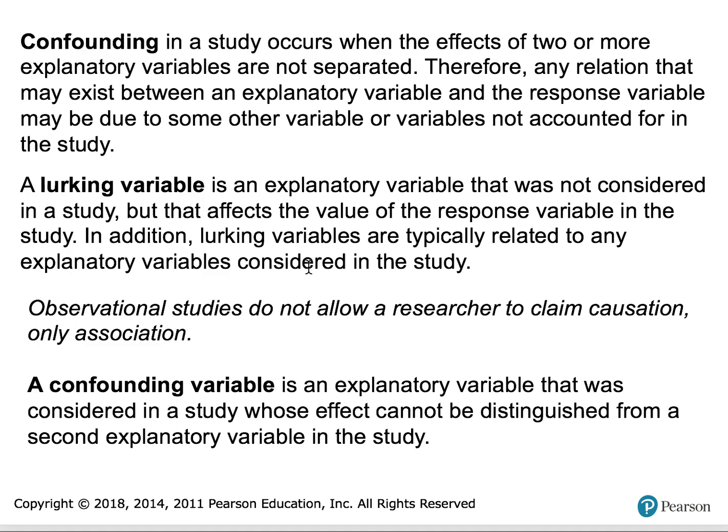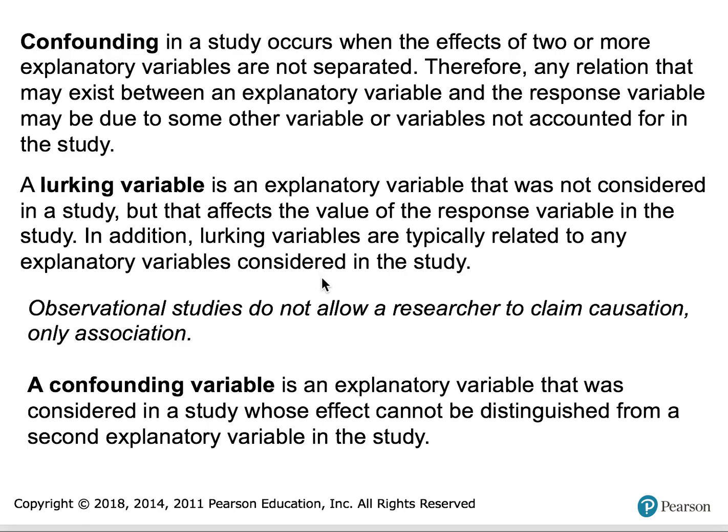In that previous flu study we were just talking about, possible lurking variables might be age, health status, the mobility of the senior. Even after accounting for all the potential lurking variables in this study, the authors were still careful to conclude that getting an influenza shot is associated with a lower risk of being hospitalized.